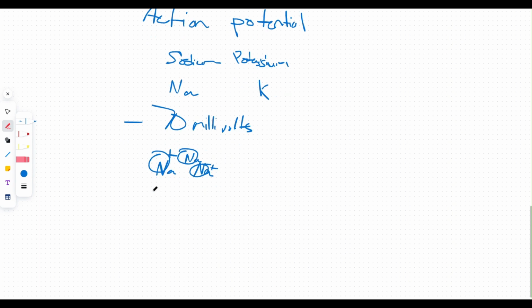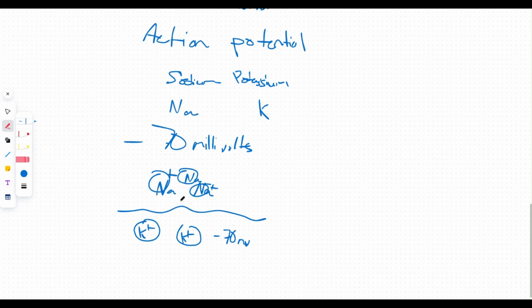Pretend this is the inside, and it is more positive out here. This is at rest.